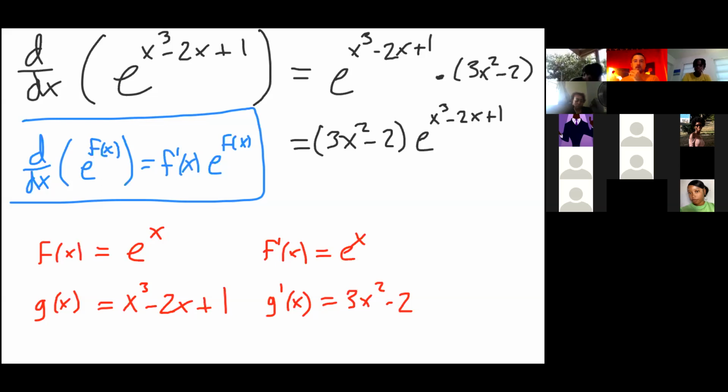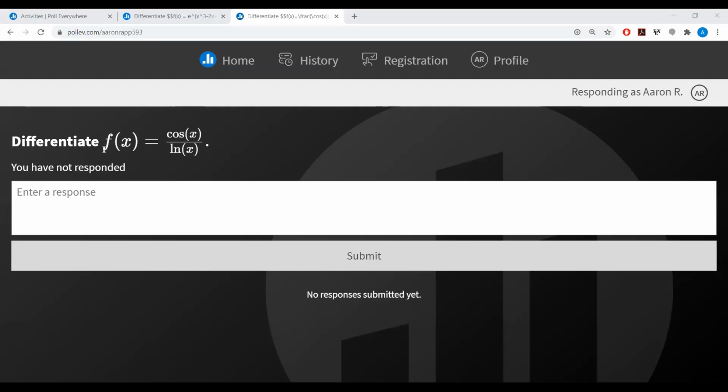We're looking for the derivative. I'm going to share screen, so you're about to lose the whiteboard. Sorry. But we want to differentiate this function, f of x, which is cosine of x divided by the natural log of x. I want to find this derivative.